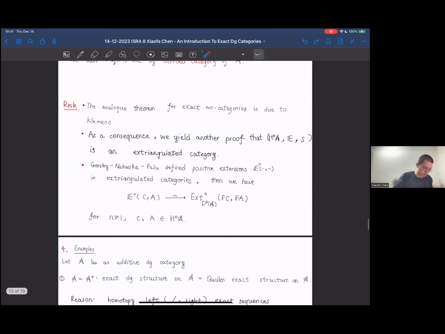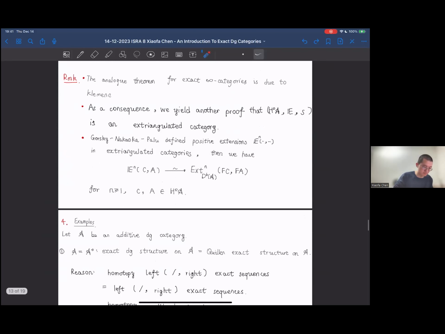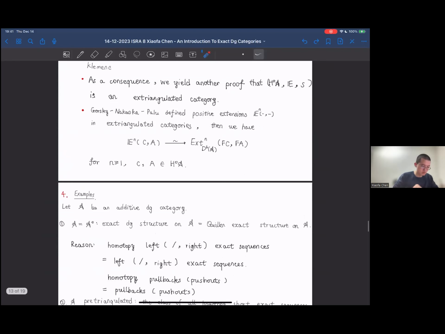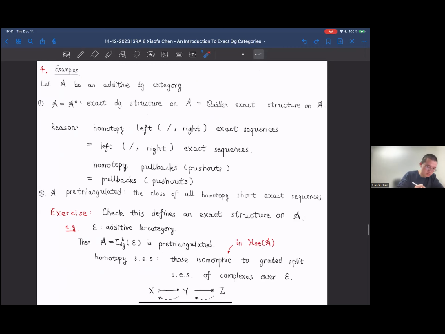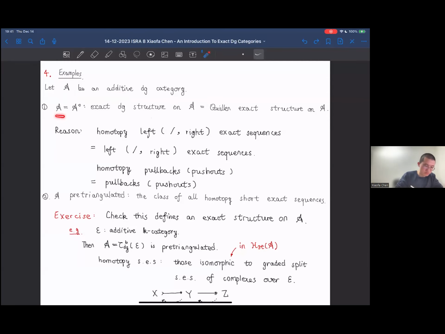Now let's start the examples. Throughout, we'll assume A is an additive DG category. When A is concentrated in degree 0, then the exact DG structure is exactly the equivalent exact structure.